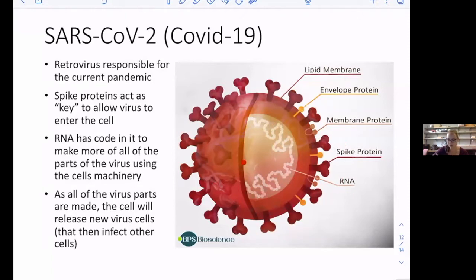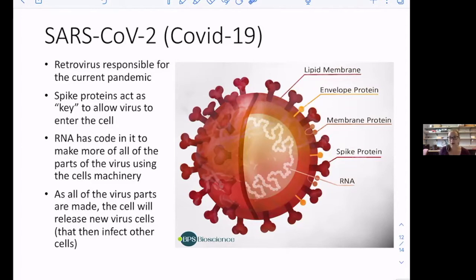So it has these RNA strands inside, and it has a membrane protein around the outside holding it in, envelope proteins. So those are kind of how it opens up when needed and when it meets a host cell. And then there's something called spike proteins. And this is actually where coronaviruses get their names from. They say that the spikes look like little crowns on top of their heads.